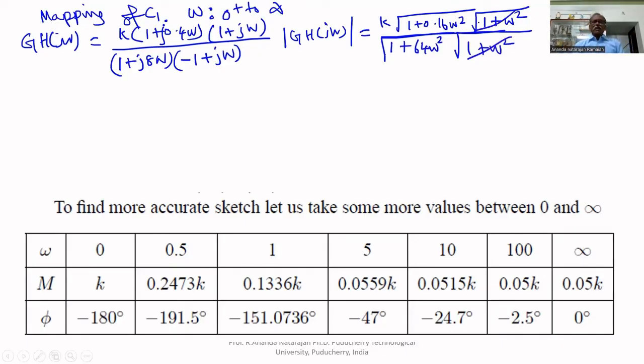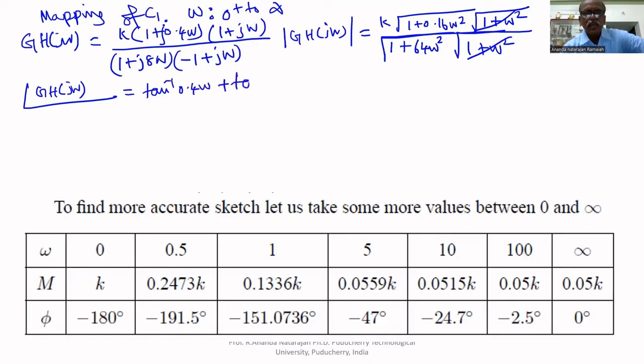The 1 plus omega square gets cancelled. Therefore, the angle of GH of j omega equals tan inverse of 0.4 omega plus tan inverse of omega, these two for the numerator.